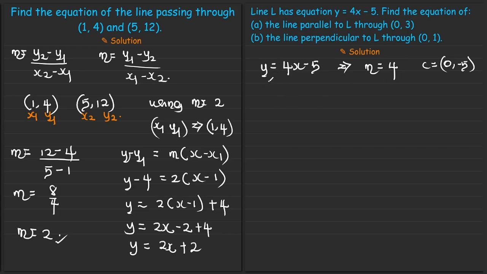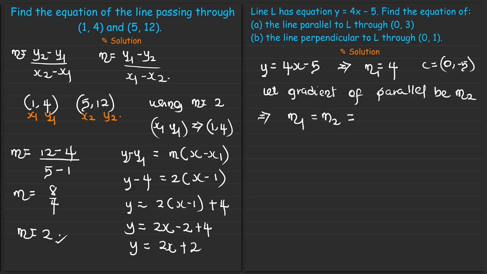We know for parallel lines, their gradients are the same. So if we name this gradient M1, we would write that the gradient of the parallel is M2. And if it is really parallel, then M1 is equal to M2, which is equal to what? 4.